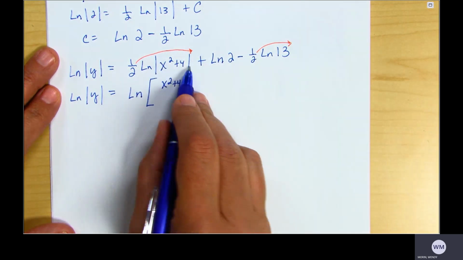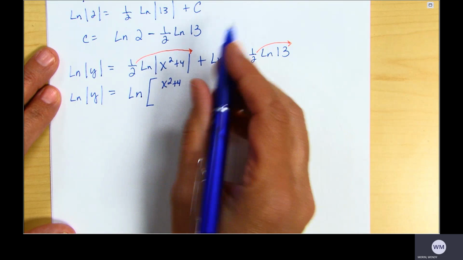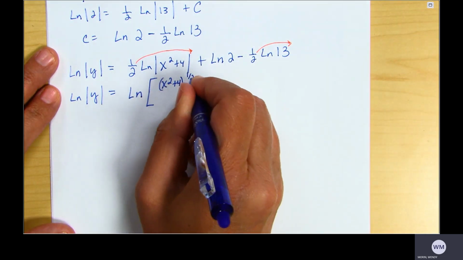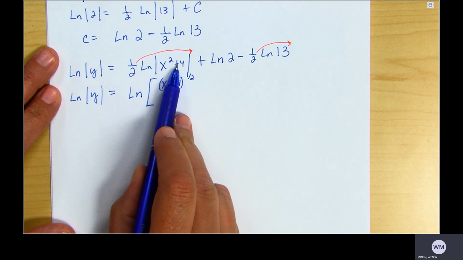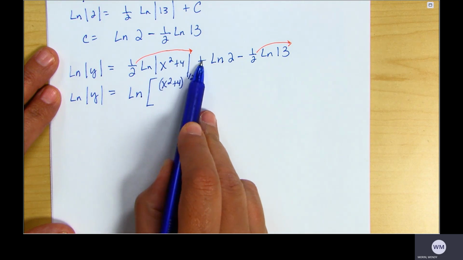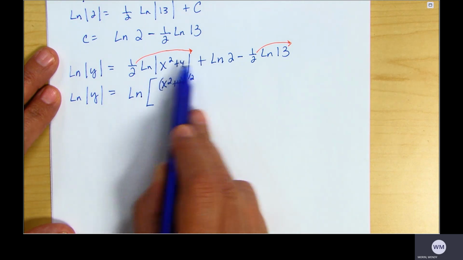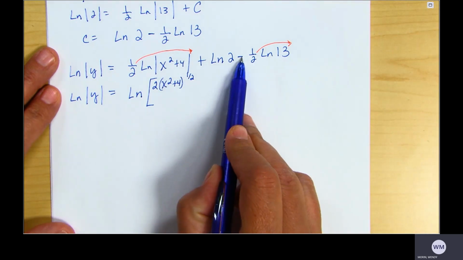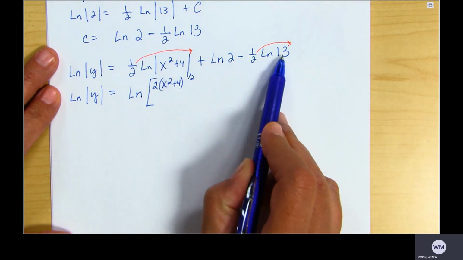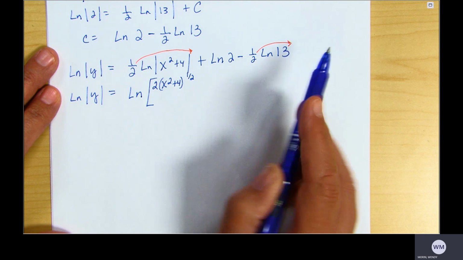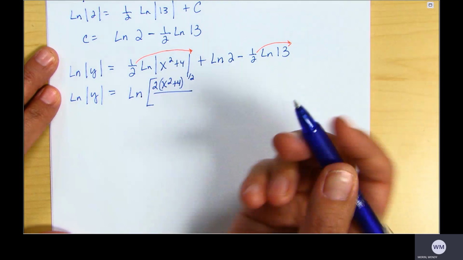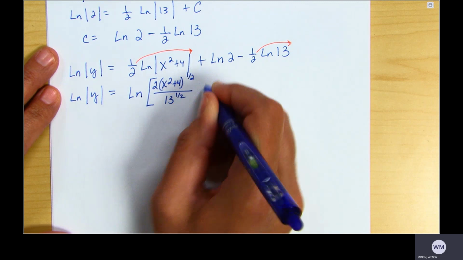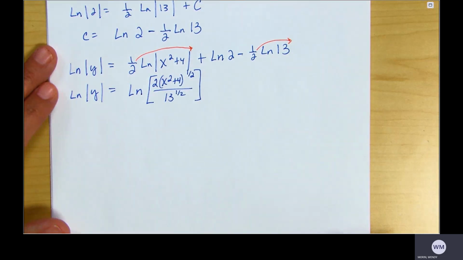I don't need the absolute value because that is positive, raised to the 1/2. That's this one right here. And because this is a plus, I multiply those together, so I'm just going to do it times 2. And because this is a subtraction, I divide by 13 to the 1/2, which is the square root of 13, or however you want to write it.